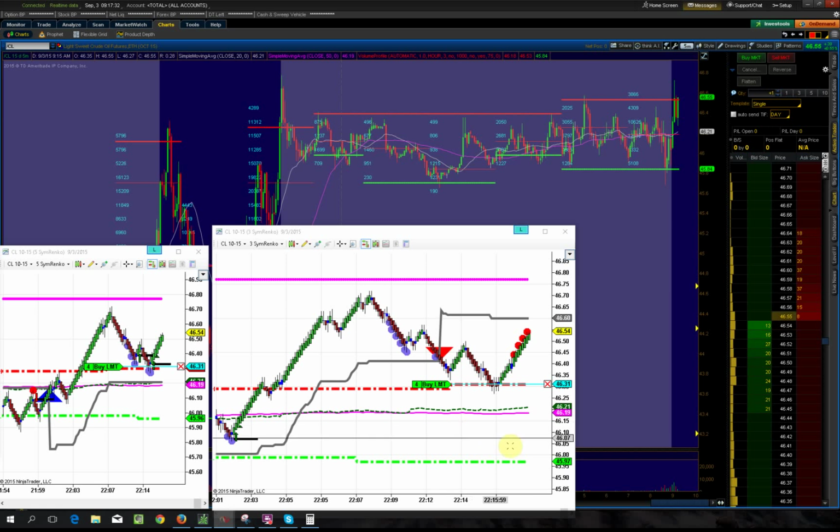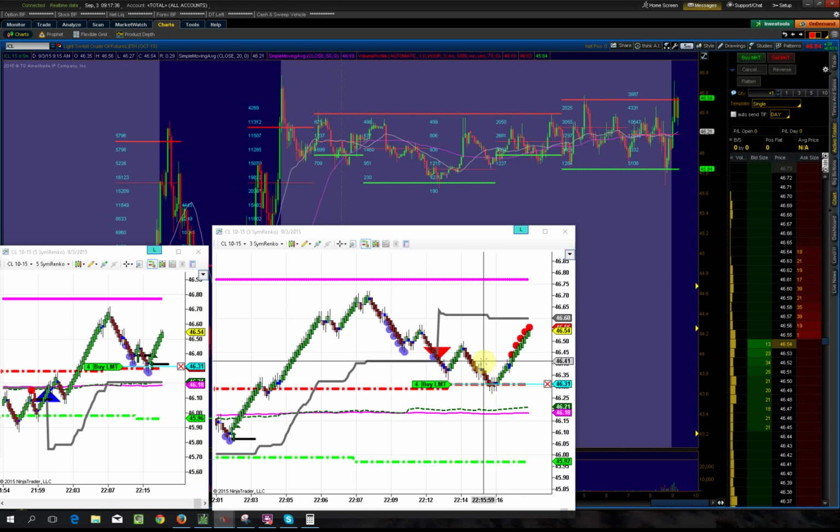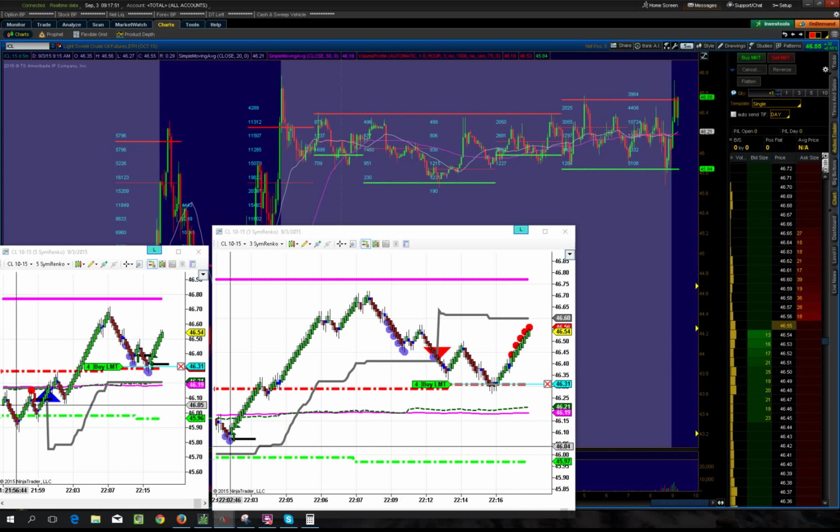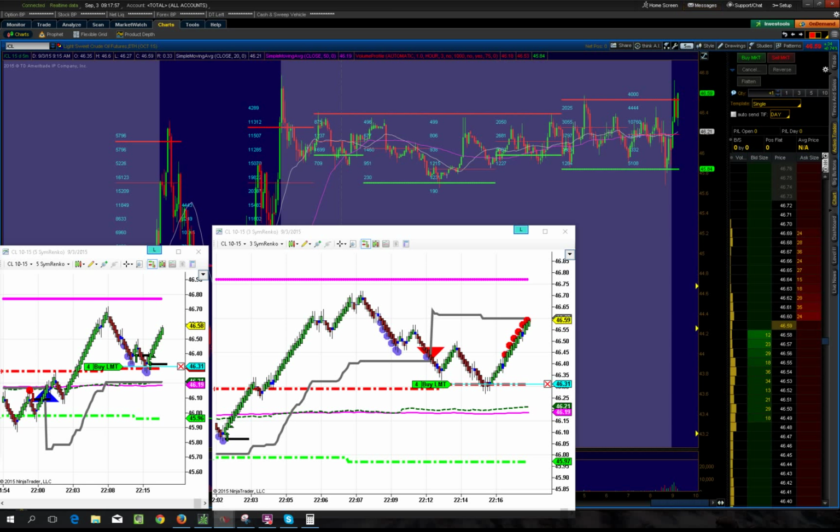But if you would have bought it at 46.31, we are now up a little over 20 ticks. That's over $200 off of one contract. I had a limit order right here at the 46.31, but go ahead and cancel that.